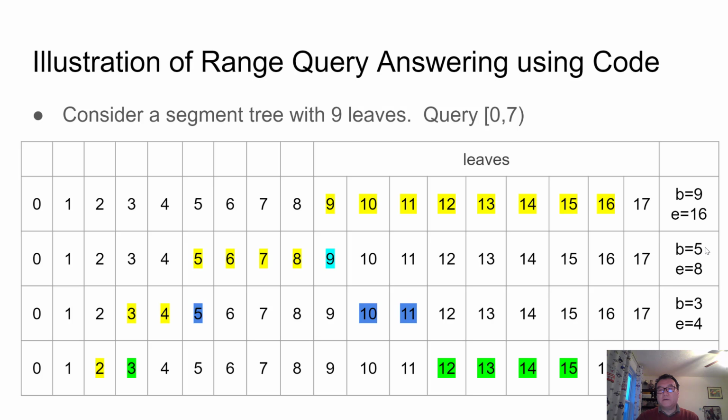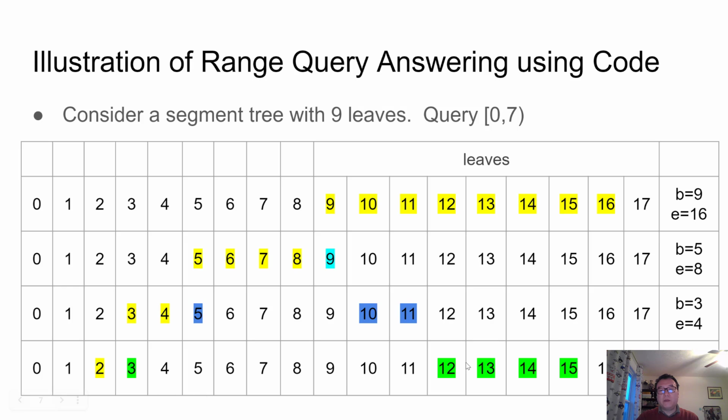B and E are 6 and 8, and divided by 2, we get 3 and 4. So we'll be looking at nodes 3 and 4. Because 3 is odd, we add the value in node 3 to the sum. And 3 represents the sum of 6 and 7, which represents basically 12 to 15.